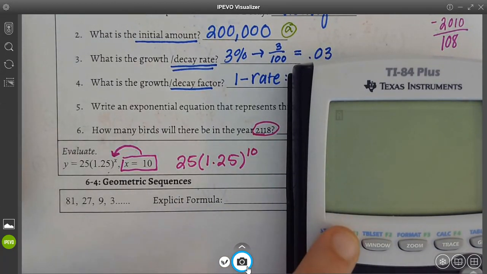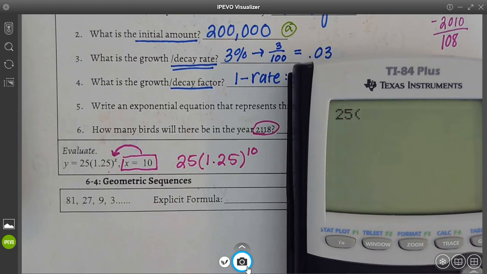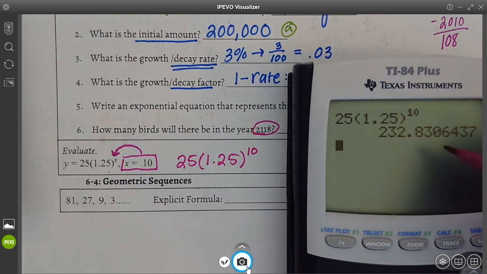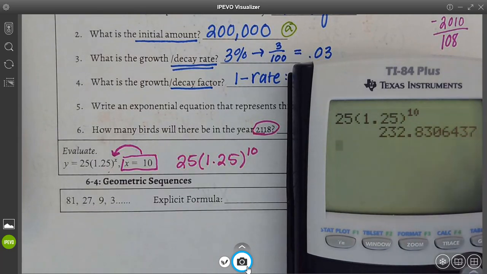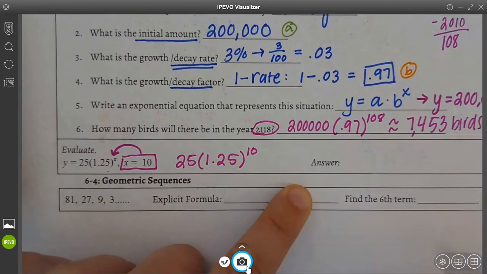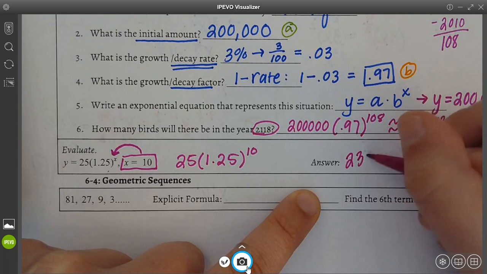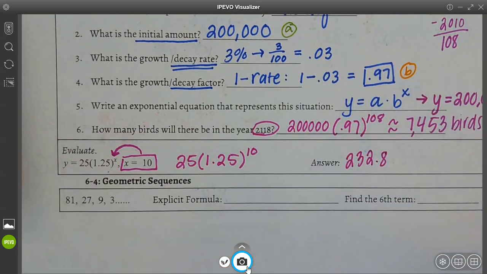It's not a fraction. So we should expect our number to get bigger. So this time, it doesn't tell me what to round to. I'm going to round to the nearest 10th. So the 3 is going to leave my 8 alone. My answer is going to be 232.8 if I evaluate my problem.